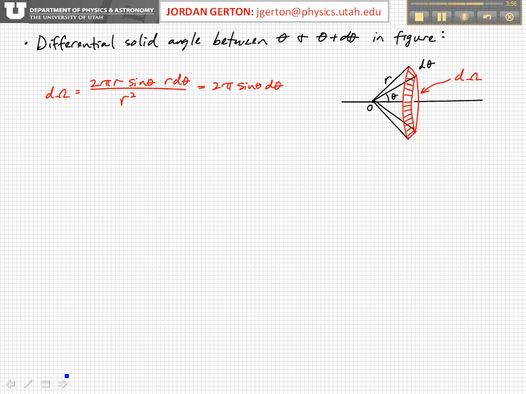Now we can define a differential solid angle, as I've done in this diagram. So a differential solid angle d omega is defined as the differential solid angle between theta, as I've indicated here. Imagine we have some axis, and we look at some angle with respect to that axis. O here is just the point of origin, or the point that the observation is being made from, and theta is the angle that you're looking at.